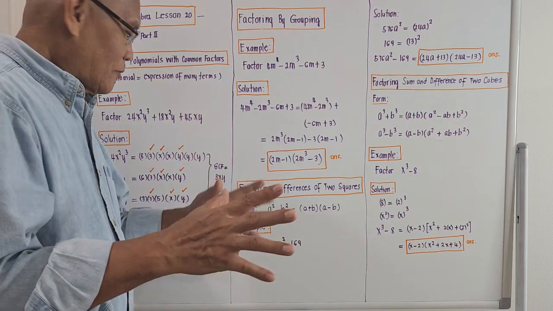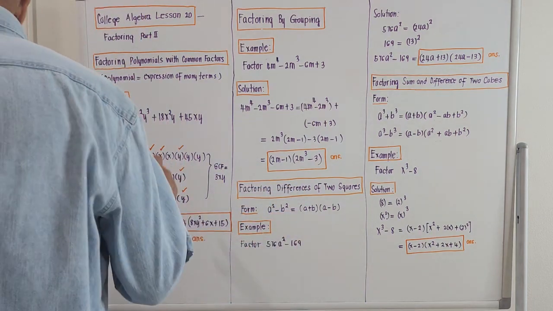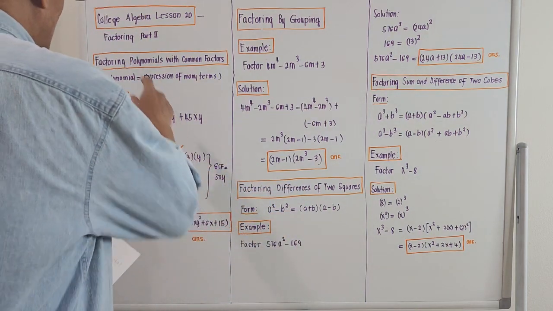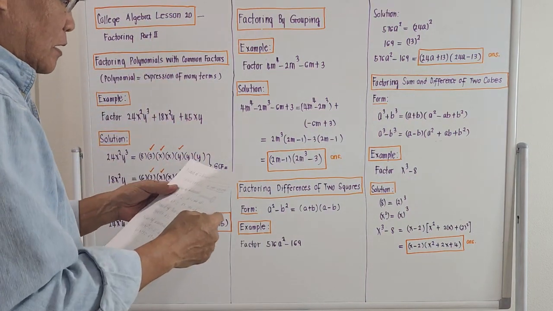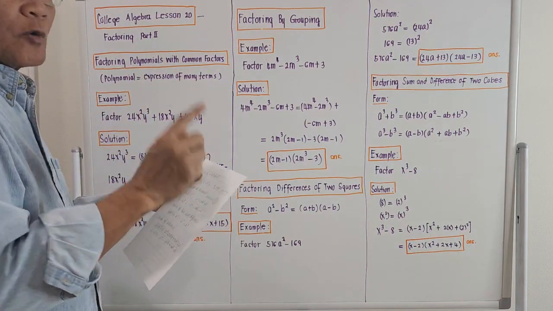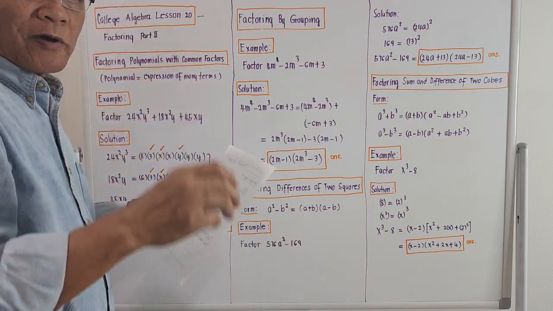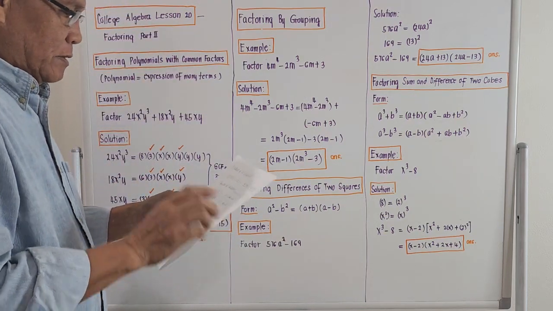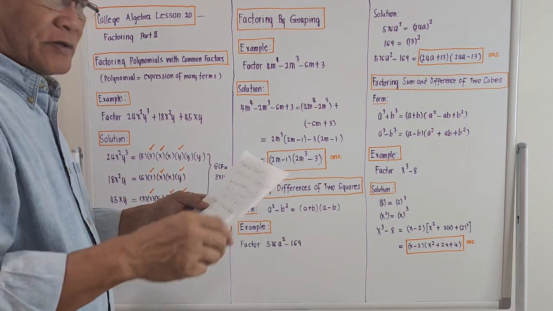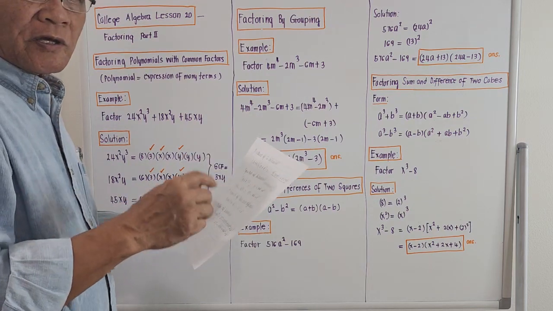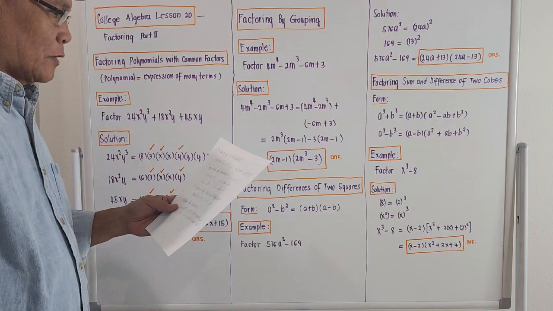So the last time around, for lesson number 19, still under factoring, we are done with the product of two binomials, the square of a binomial, the product of the sum and difference, and the cube of a binomial.